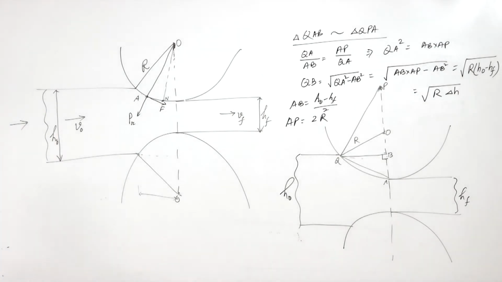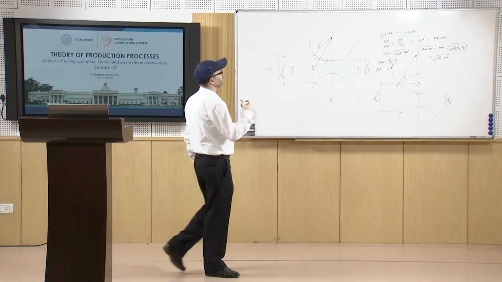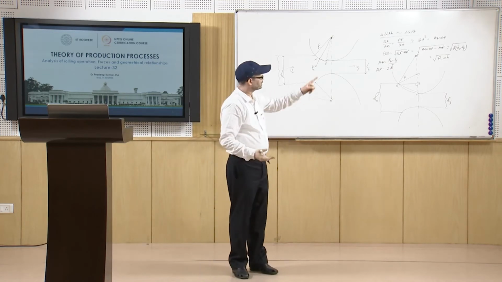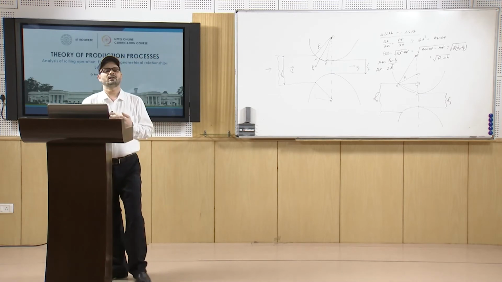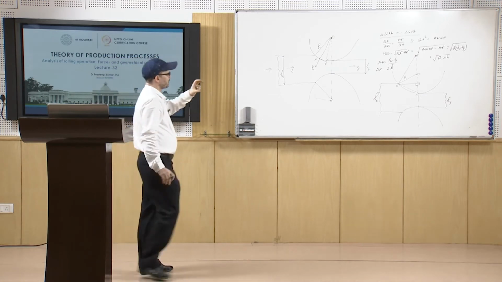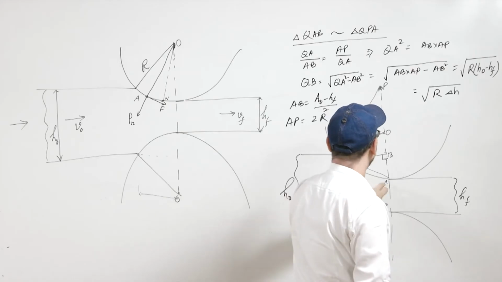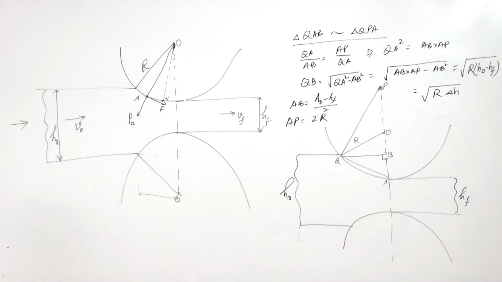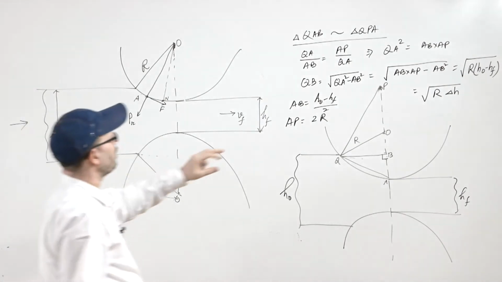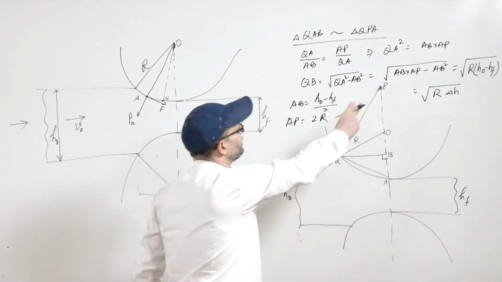This roll contact area multiplied by the specific roll pressure gives you the roll load, or roll load divided by this roll contact area gives you the specific pressure. So, this is the roll contact length, and then the roll contact area will be B times LP.